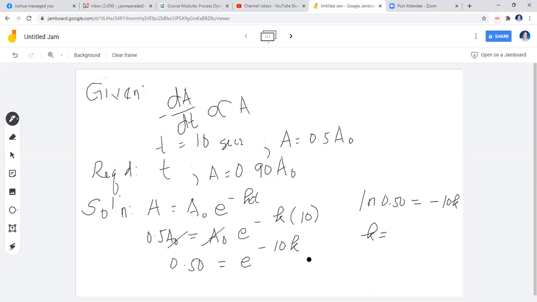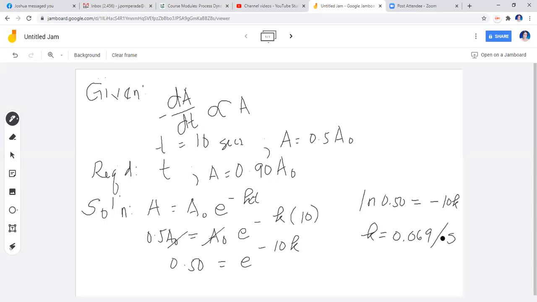Can somebody give me the answer for the K? What's the answer for the K in this case? 0.069, miss. 0.069. So your unit for the K is per unit time, by the way.